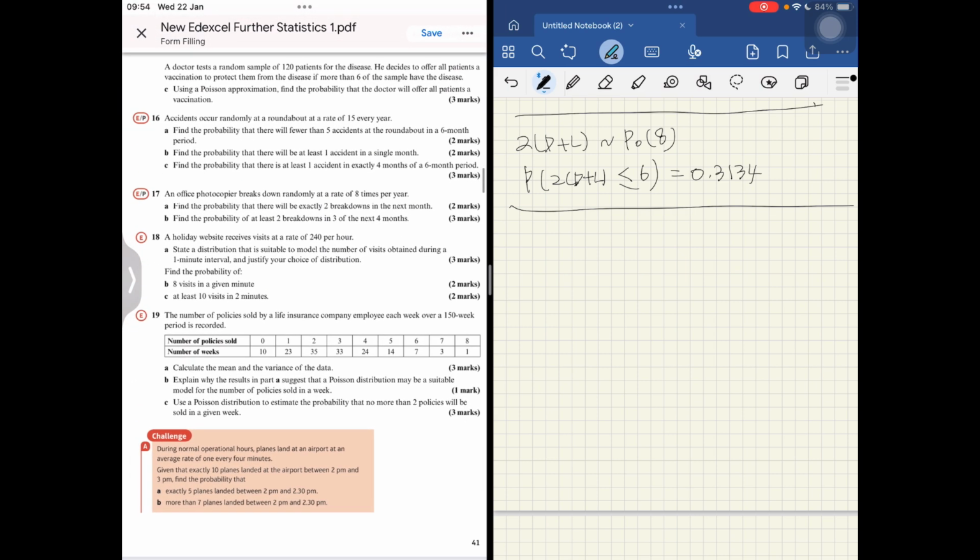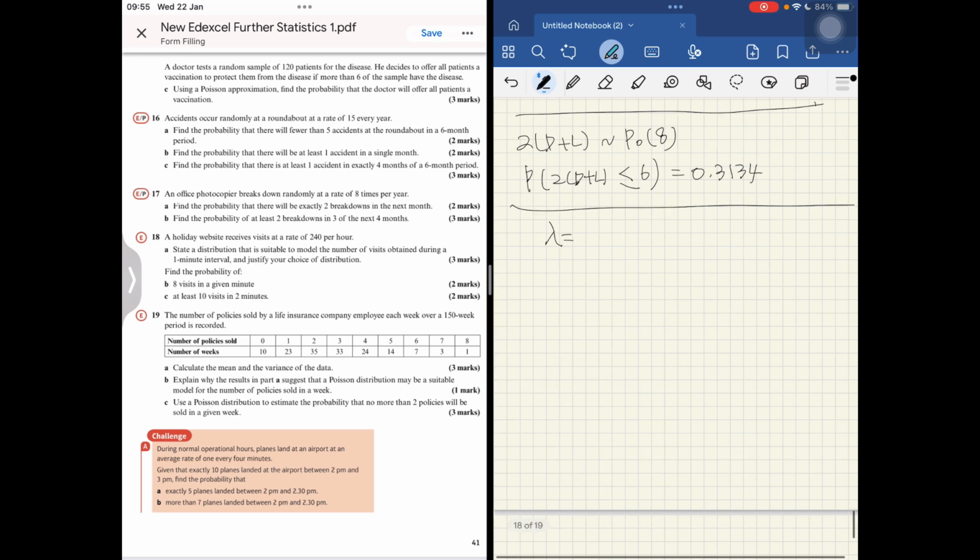Number 16. Accidents occur randomly at a roundabout at a rate of 15 every year. Find the probability of fewer than 5 accidents in a 6 month period. So this is per year, which means lambda is now 7.5 for 6 months.